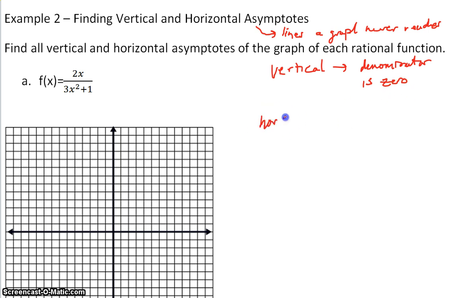Horizontal is a little bit trickier. Horizontal is dependent on a few things, okay? Horizontal is dependent upon the degree in the numerator and the degree in the denominator.